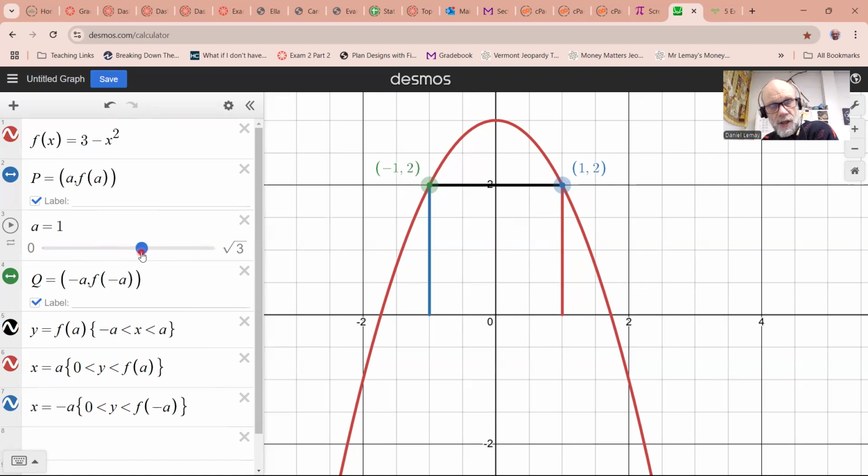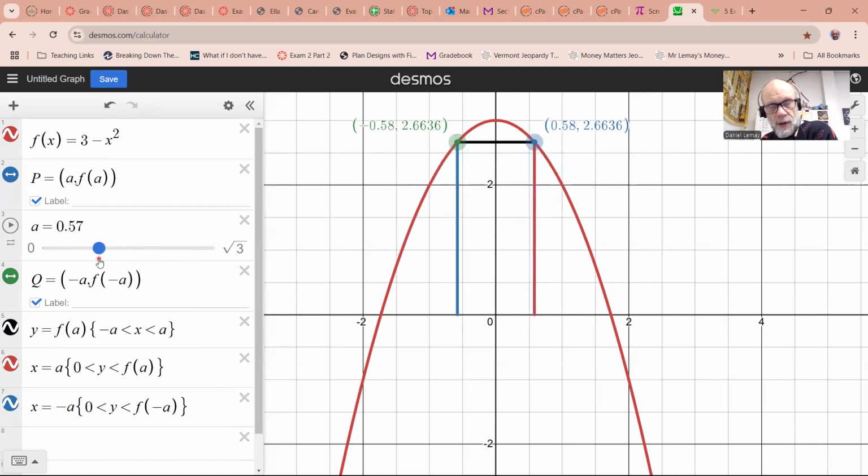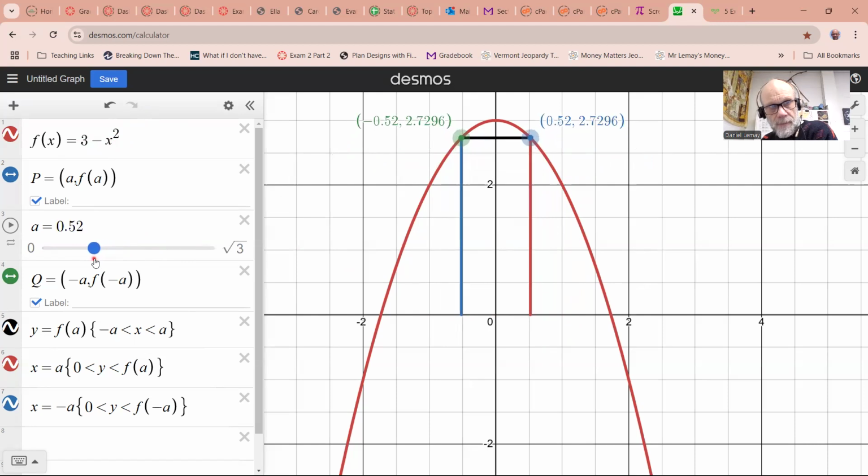If we change it to 1/2, there we go. That rectangle has an area of 1 wide by 2.75 high, so an area of only 2.75.